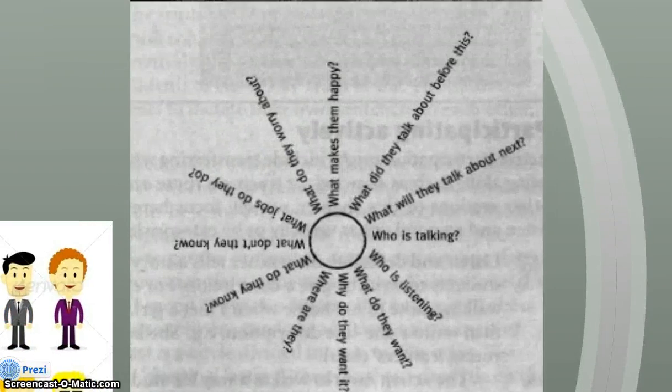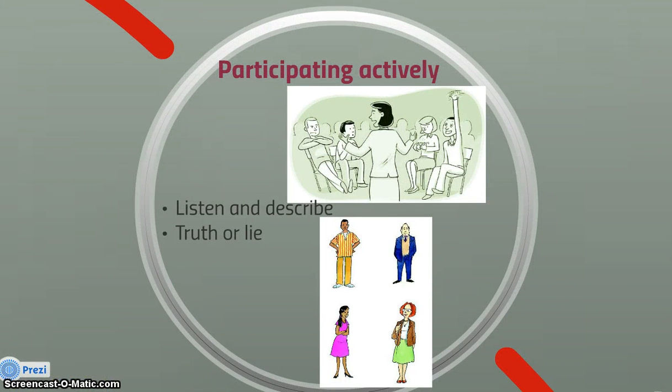But here it is important to give them time to write, because writing and listening simultaneously could be really challenging. But it is also good to expose them to this kind of activity, how they can take notes and participate actively. Listen and describe, true or lie, all those activities in which they can be engaged.